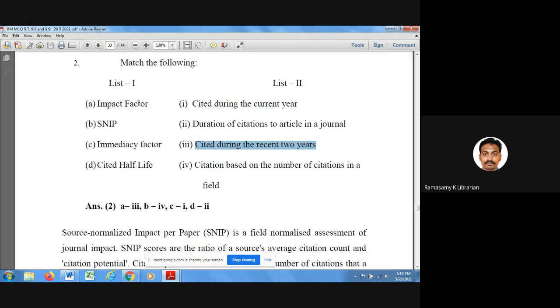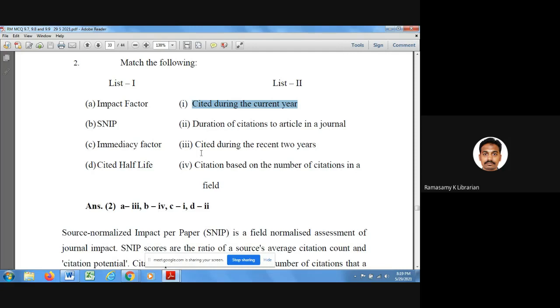That is impact factor. What is immediacy factor? I told you, if a journal is publishing papers in 2020, in 2020 itself, how many citations were received by that particular journal? That is called the immediacy index. So immediacy factor is cited during the current year, the same year of publication of the research paper.